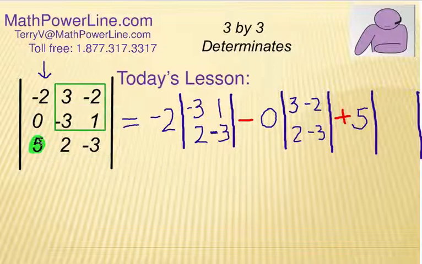Now with the 5 being in the first column, third row, the 2x2 matrix numbers that are not being used are right here, and that's the determinant I use for that final group. So 3, -2, -3, +1. Now it's a very good idea to stop and go back and make sure that you have the signs on the correct numbers. All right, let's continue on.